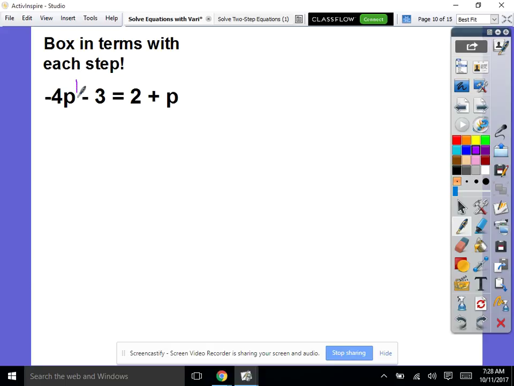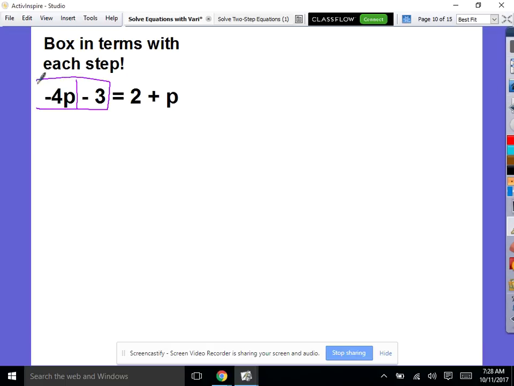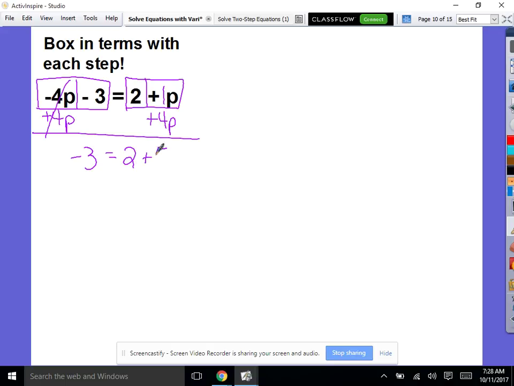All right, box in your terms. Draw the line in front of the sign. Negative 4p is smaller than 1p, so we're going to add 4p. That leaves us with negative 3 equals 2 plus 5p.